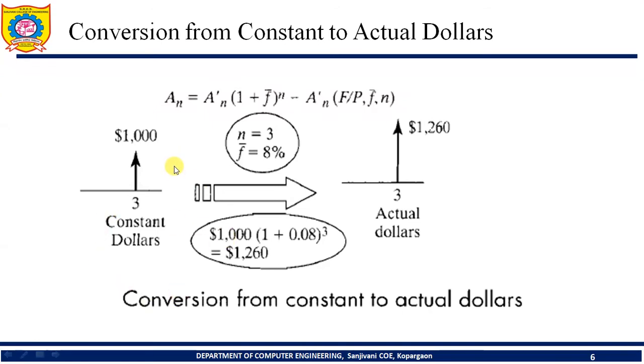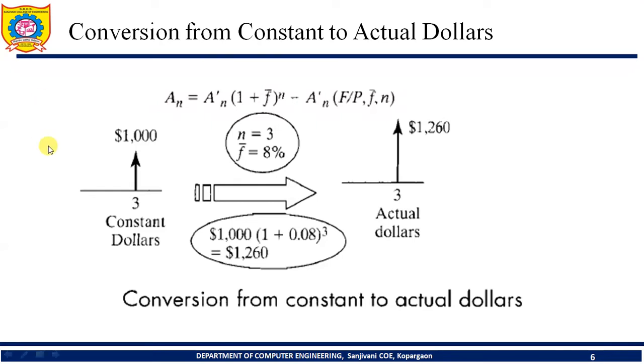This example shows the conversion from constant to actual dollar. You have to apply the formula A_n = A'_n (1 + f')^n to calculate the actual dollar from the constant dollar.